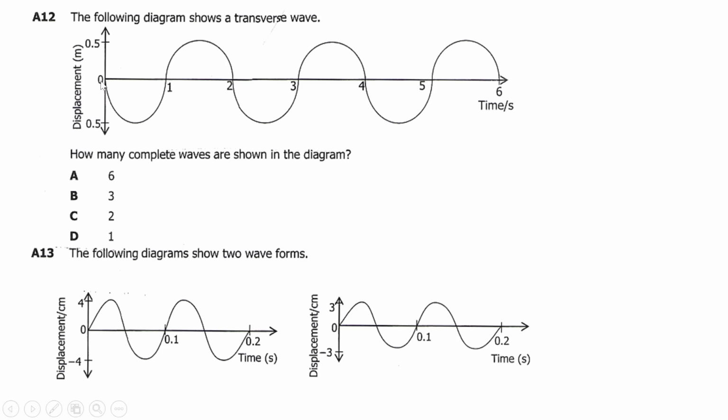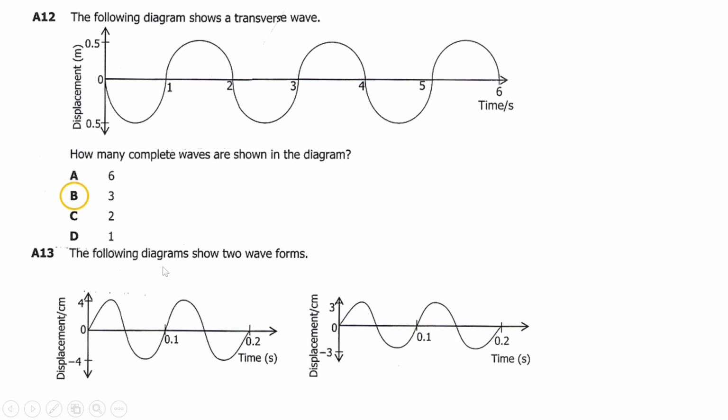So from here up to here you have wave 1, from here up to here you have wave 2, from here to here you have wave 3. So there are 3 waves in this diagram, so the answer is B.